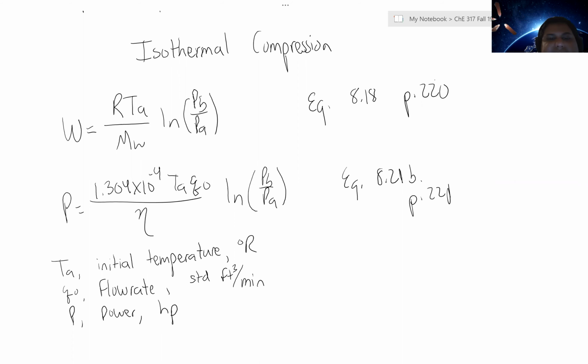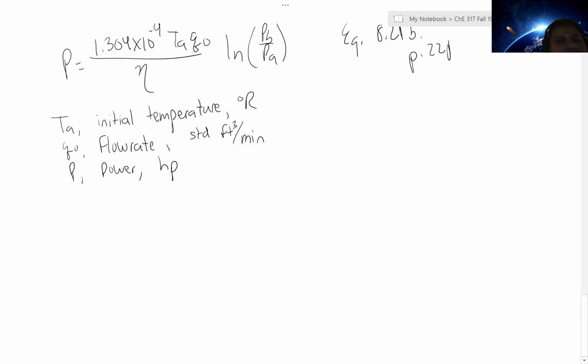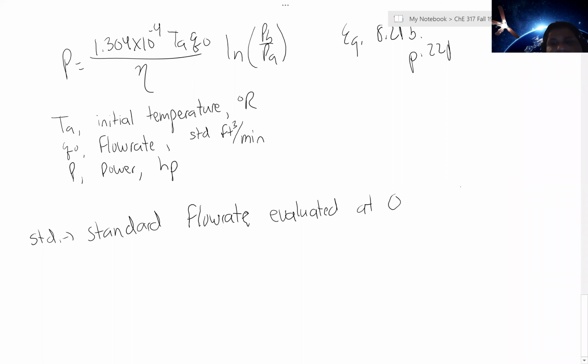To be considered standard, it's evaluated at 0 degrees Celsius and 760 millimeters of mercury. So it's basically flow rate measured at a standard temperature and pressure.